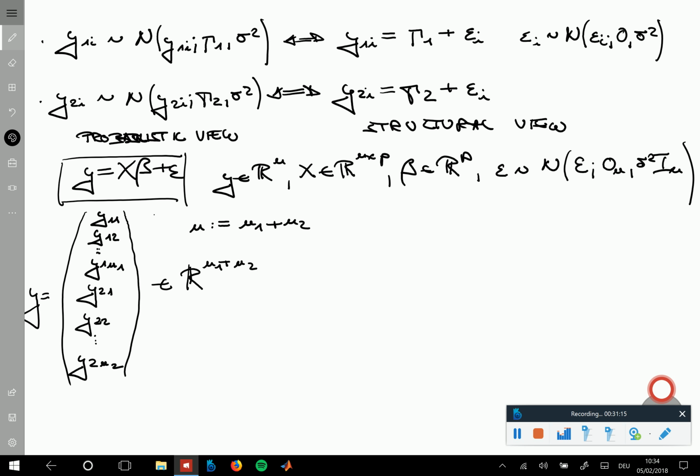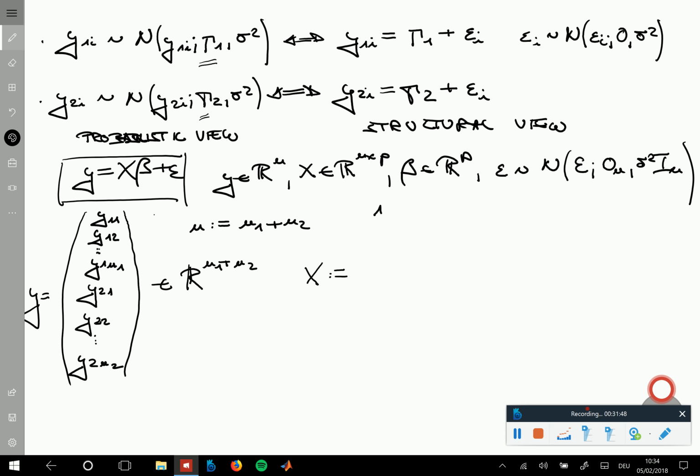And then, like we did earlier when we wanted to assign the same expectation to all random variables, we now want to assign either mu1 or mu2 to these data points, and this can be achieved by defining a design matrix as follows.